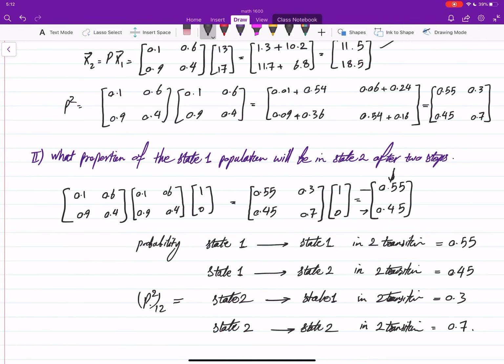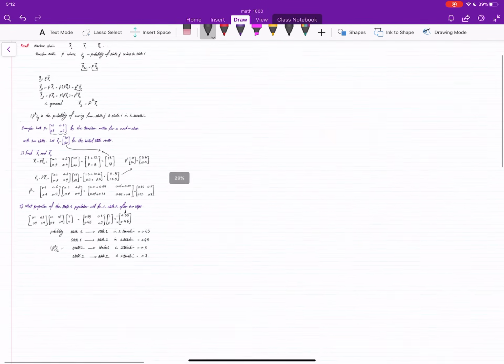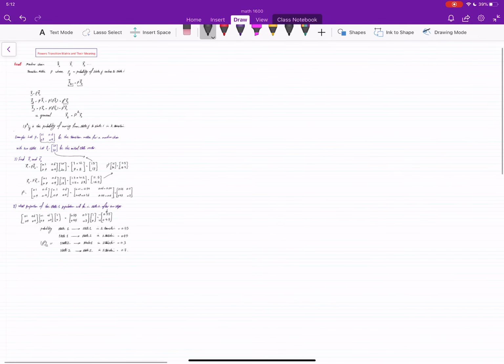So the powers of the transition matrix and their meaning are important when we study Markov chains.